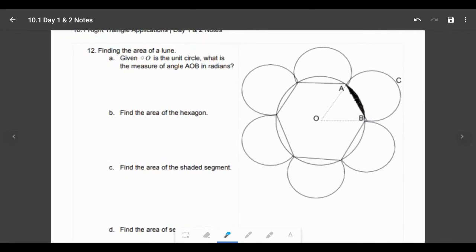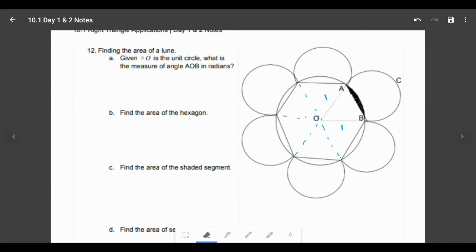So for part A, it's saying that given circle O is a unit circle. So remember, our unit circles have a radius of 1. So I'm going to go ahead and label our radii of 1. And we are looking for the measure of a specific angle AOB in radians. Well, if I'm looking at my figure, I do have a hexagon here. And if I have a hexagon, I can split it up into 6 different triangles.